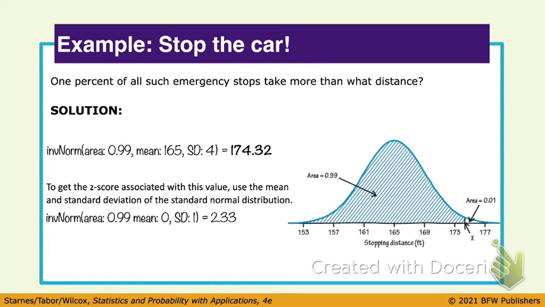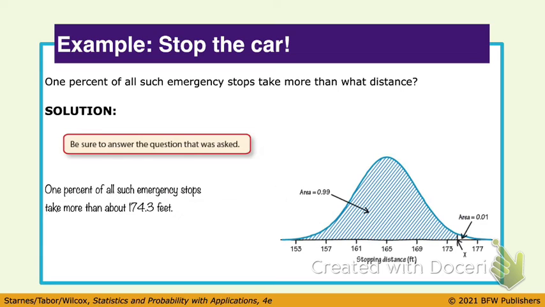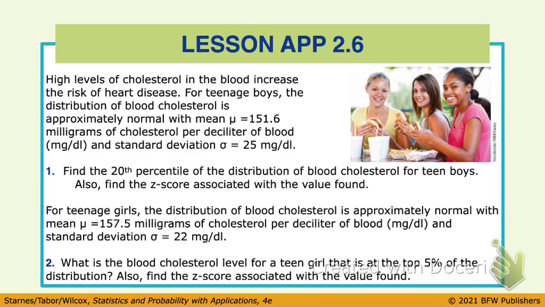We just have one last little example here, and then we will be done. It's the cholesterol question. High levels of cholesterol in the blood increase the risk of heart disease for teenage boys. The distribution of cholesterol is approximately normal with a mean of 151 milligrams of cholesterol per deciliter of blood, and the standard deviation is 25.